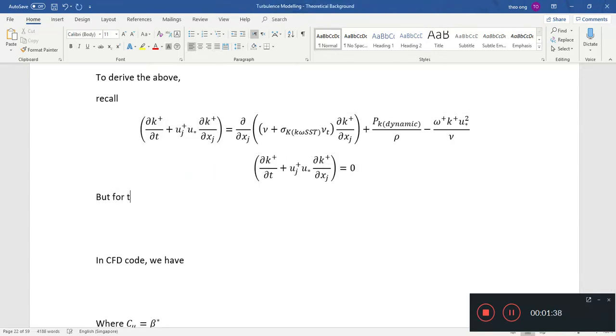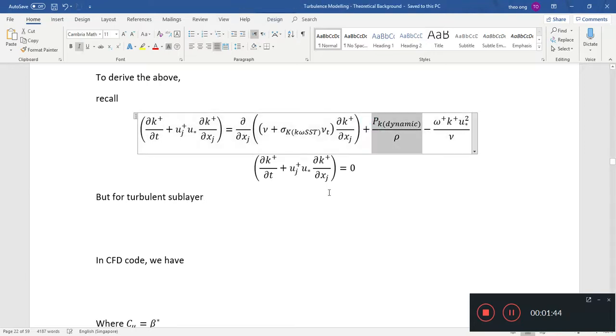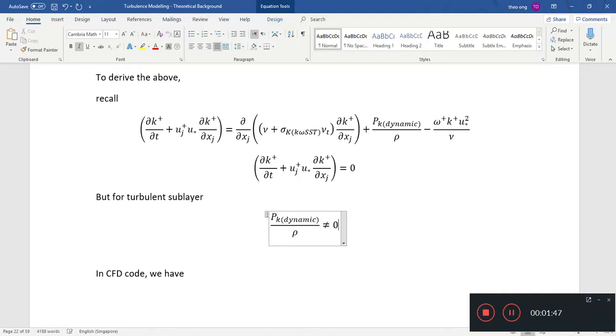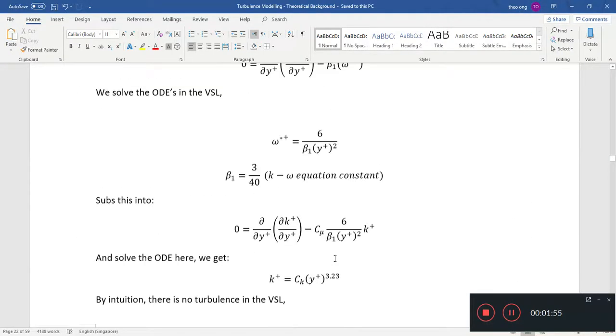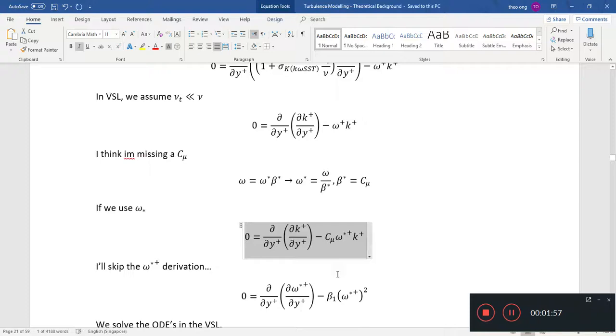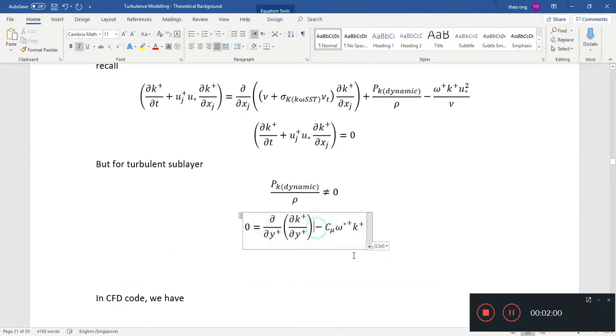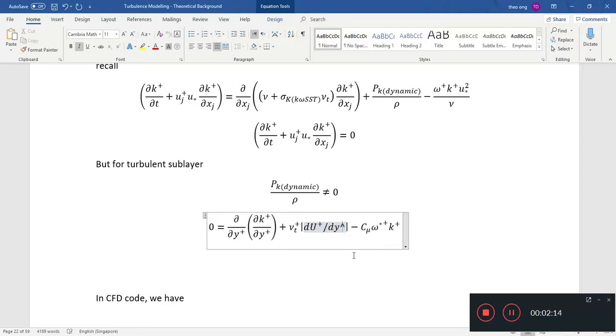but for the turbulent sublayer, this production term cannot be 0 now. So we have to factor that in, and this production term, after you non-dimensionalize it, will be equal to nu t plus, du plus dy plus, and this whole thing should be squared.